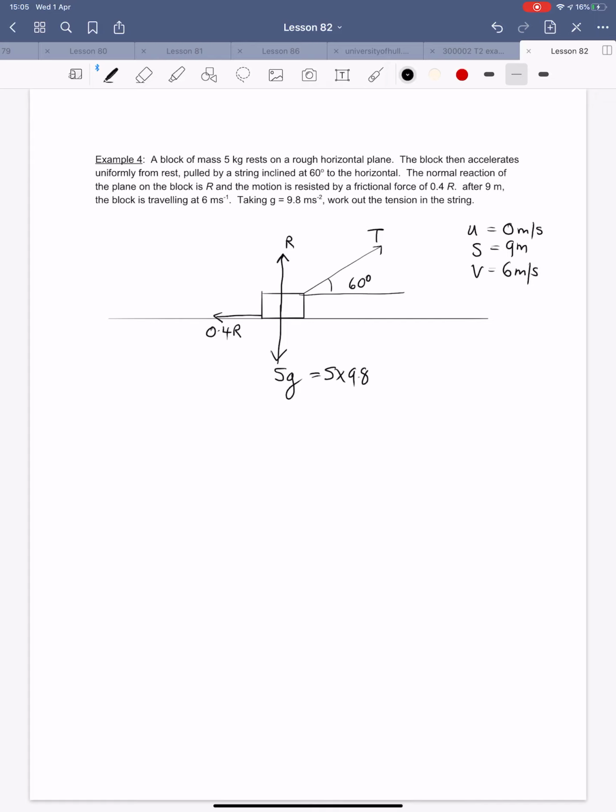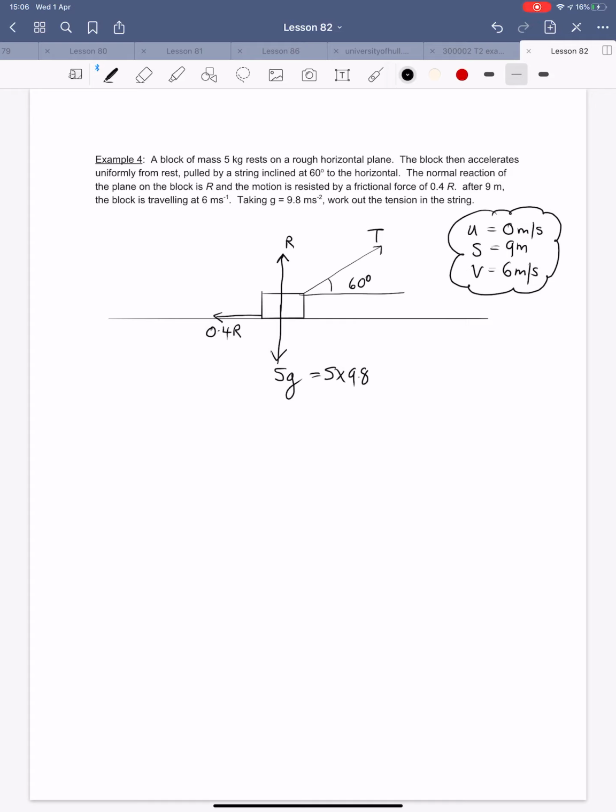Right, so we use this information I've just put in the bubble to work out the acceleration, and then we can say the net force is mass times the acceleration. First we find the acceleration, then the net force, and then we can work out the T and the R. I don't think we need R, but oh yeah, we will have to.